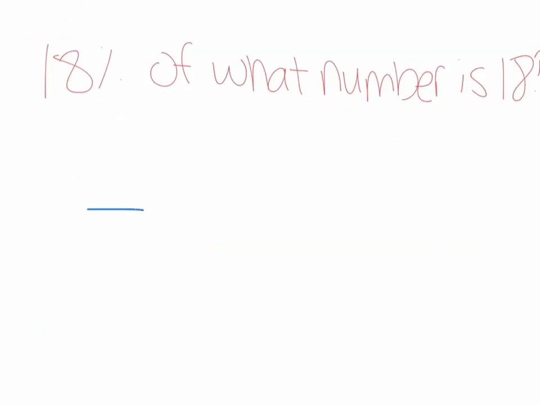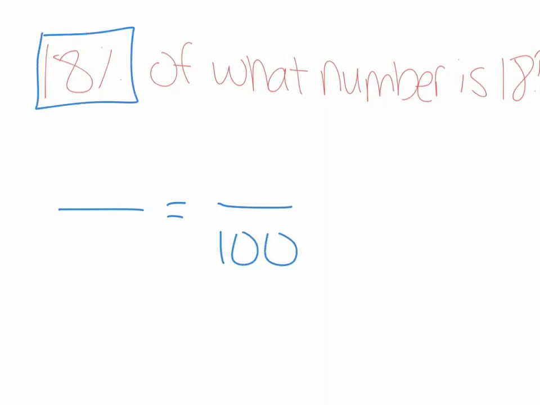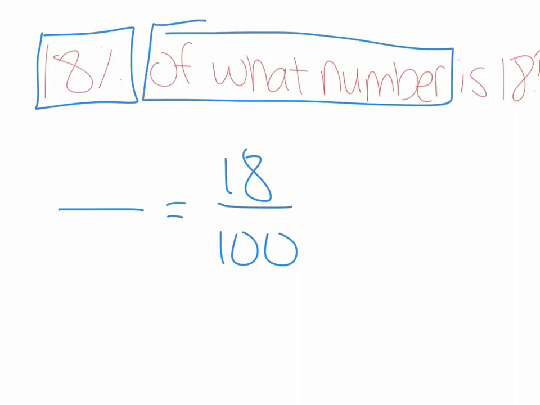For this next one, we fill in our 100. Now we have something a little different. They're giving us the 18%. So I can automatically fill that in above my 100. Of what number is 18? So of what number is going to be our missing? So that's going to be our bottom. That's our X on the bottom.